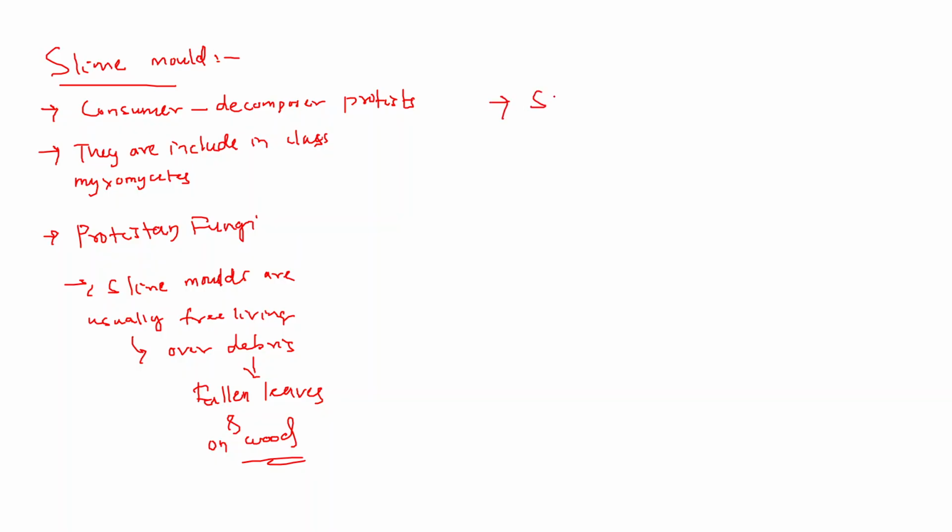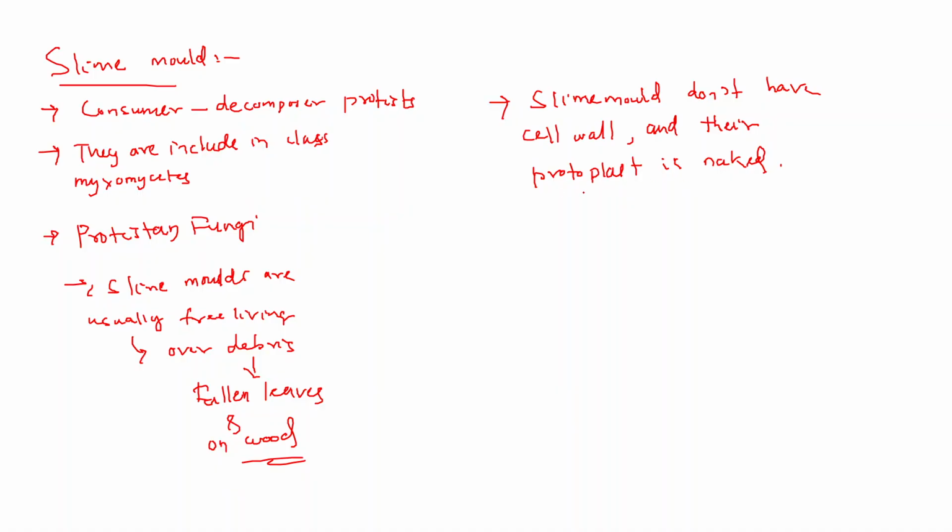Slime molds don't have a cell wall, and their protoplast is naked, meaning there is no covering around the protoplast.